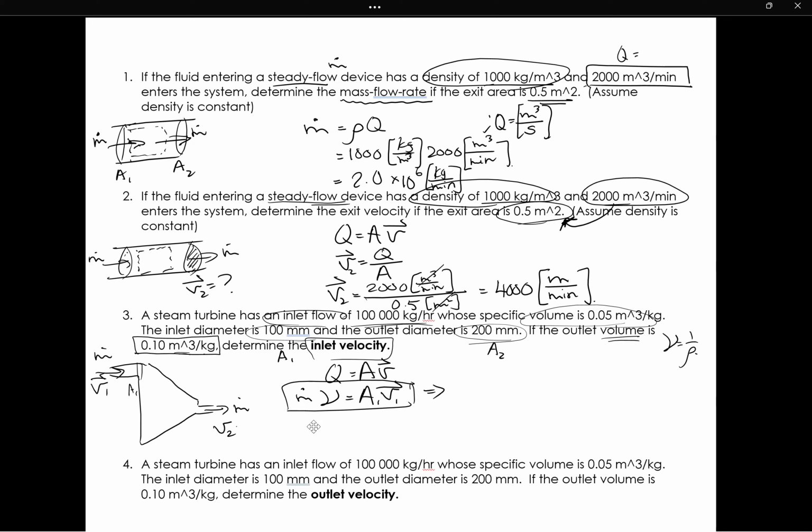So don't overthink it. Don't use an entire first law energy balance if you don't need to, is my point. So this will be A1 times velocity over volumetric or specific volume, which is 1 over density. Alternatively, you might have seen this equation with a density in the numerator. Of course, the area is then going to be pi r squared.